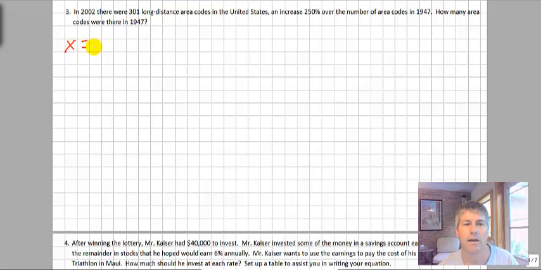Well, let's let x equal the number of area codes in 47. Let's go back and read again. There were 301 long-distance area codes in 2002. That was an increase of 250% over the number of area codes in 1947.